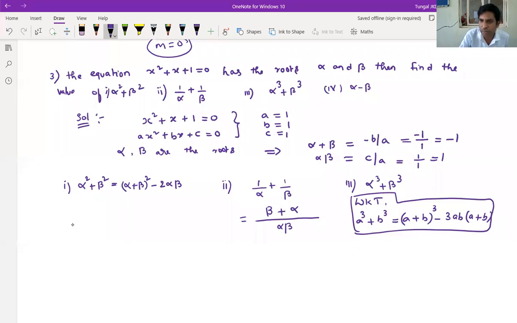Using that formula, how to write alpha cube plus beta cube? Nothing but (alpha plus beta) whole cube minus 3 alpha beta into (alpha plus beta). That one we can write using that formula. Understood? Right. Wait for 1 minute.